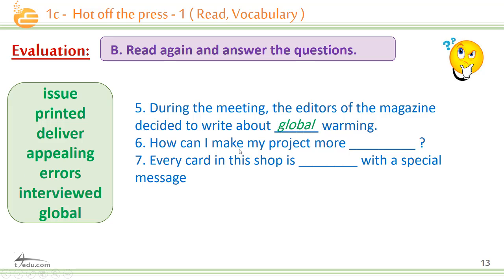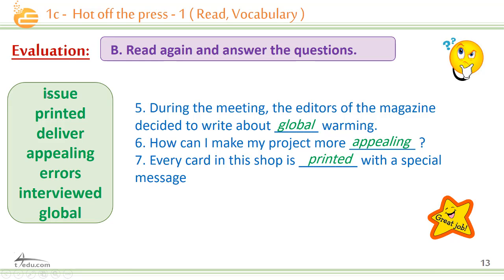Yes, more appealing. Very good. Appealing. Every card in this shop is blank with a special message. So when we have the writing process on a paper, it is printed. Yes, very good. It is printed with a special message. Excellent. Very good. Great job.